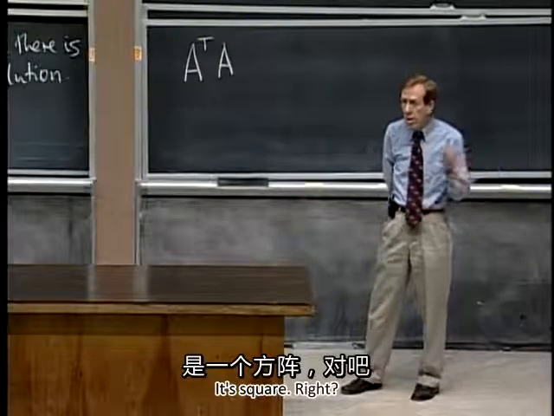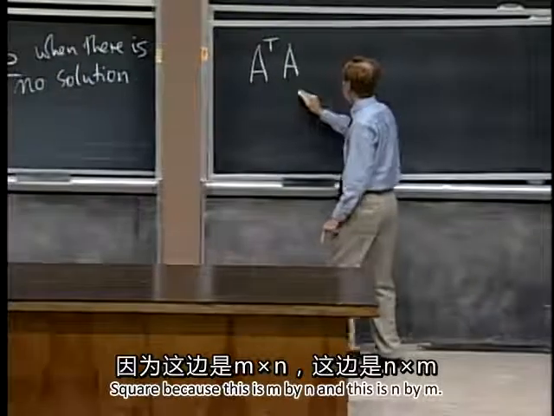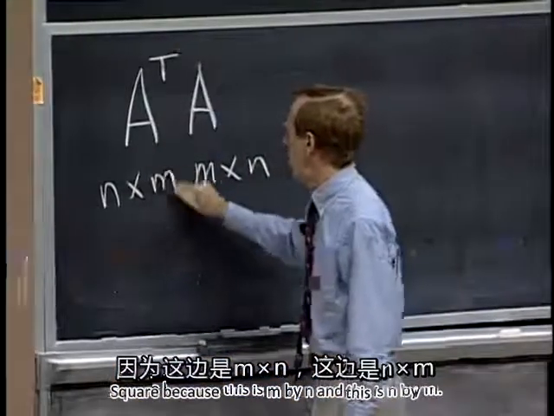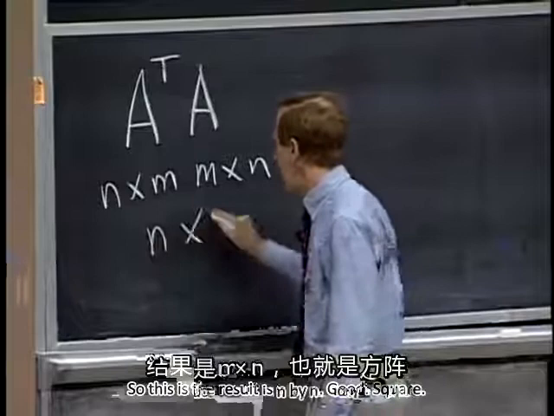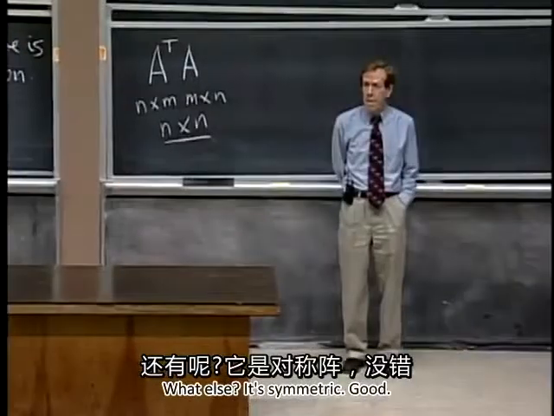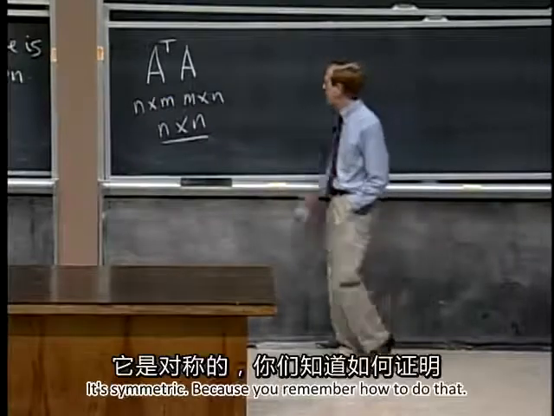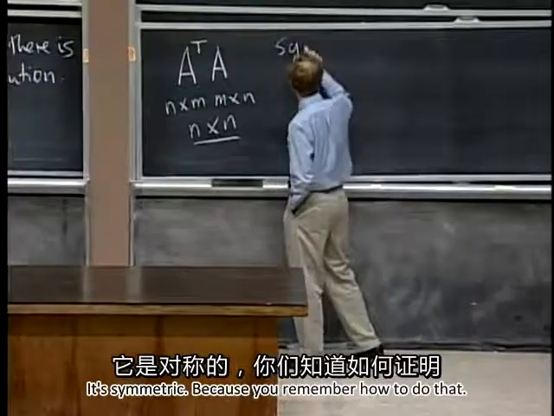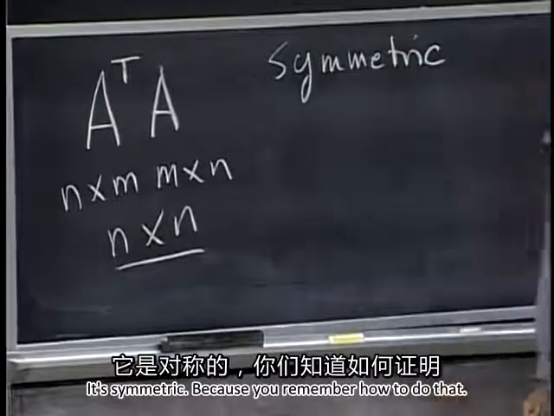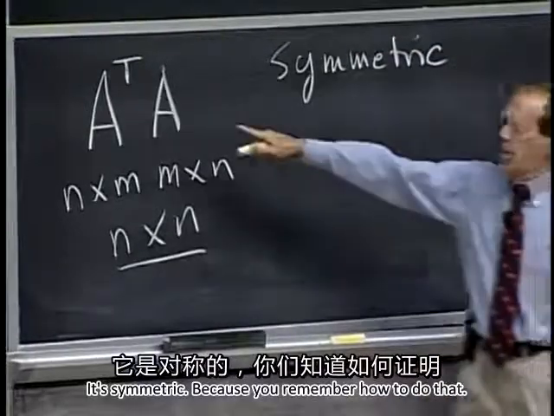It's square, right? Square, because this is m by n, and this is n by m. So the result is n by n. Good. Square. What else? It's symmetric. Good. It's symmetric. Because you remember how to do that.